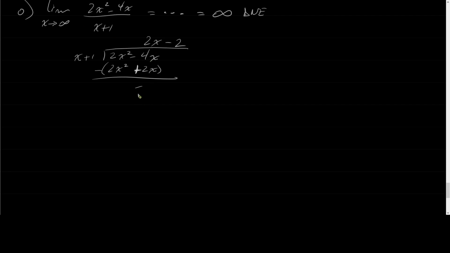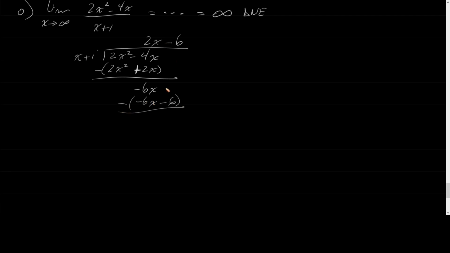At that point, I have to multiply by negative 6. There we go. Negative 6 times x is negative 6x, and then negative 6 times 1 is negative 6.